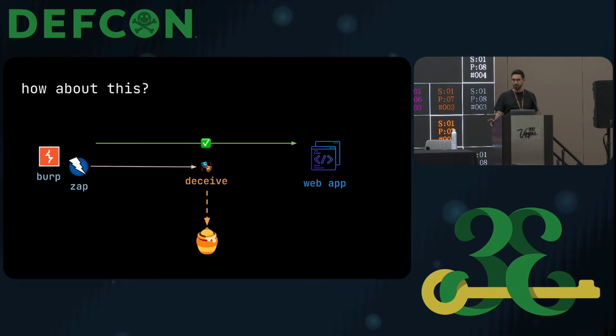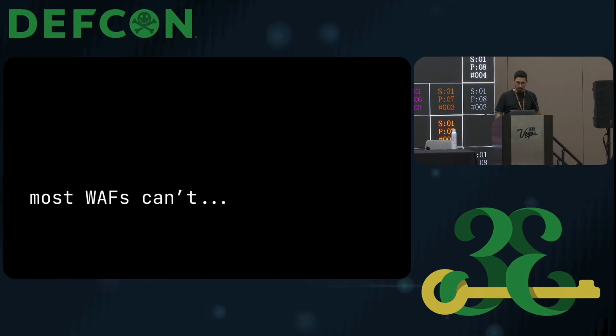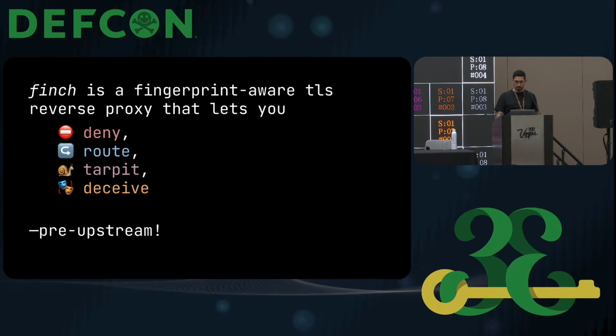You can even do very fun things that I'm sure none of the other web application firewalls and cloud-based services can provide, such as redirecting requests based on their fingerprints to honeypots, deceiving them by some other methods, or targeting them, like slowing them down. So at this point, we know most WAFs don't do that. That was basically the reason.